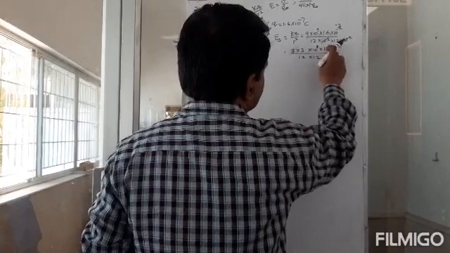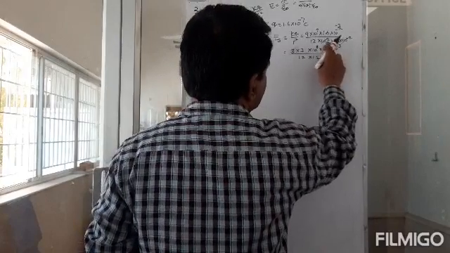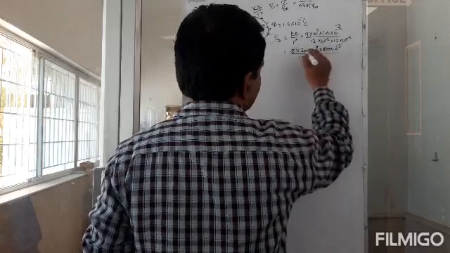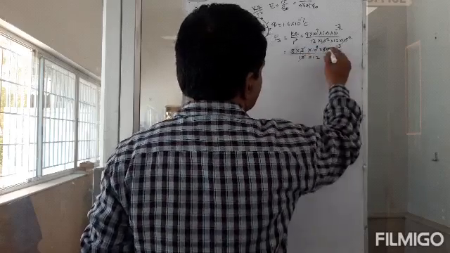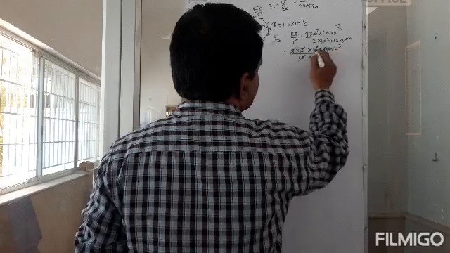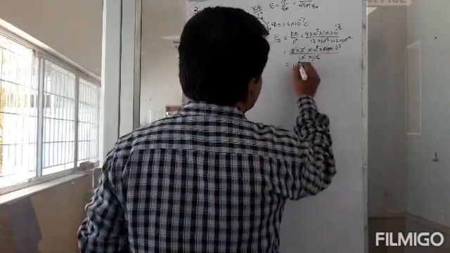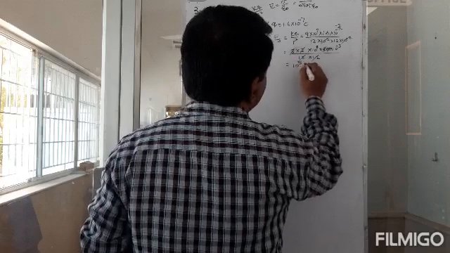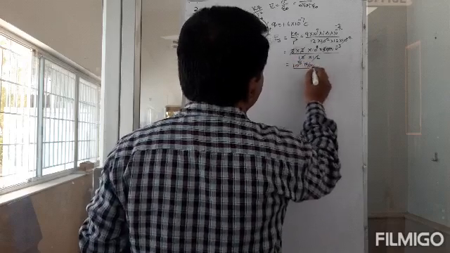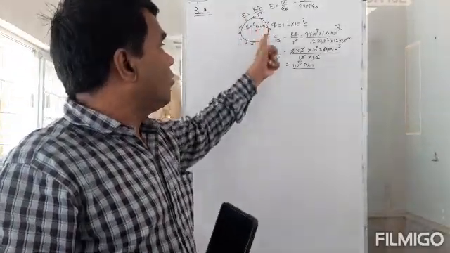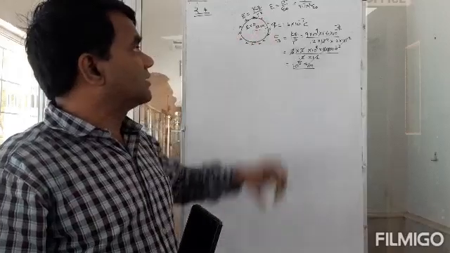This 16 can be written again as 4 into 4. So notice here, this 4 into 3 cancels with 12, and this 4 and this 3 cancel with 12. So 10 power 8 into 10 power minus 3 is actually equal to 10 power 5 Newton per coulomb. So that is the electric field intensity on the surface of this conductor.